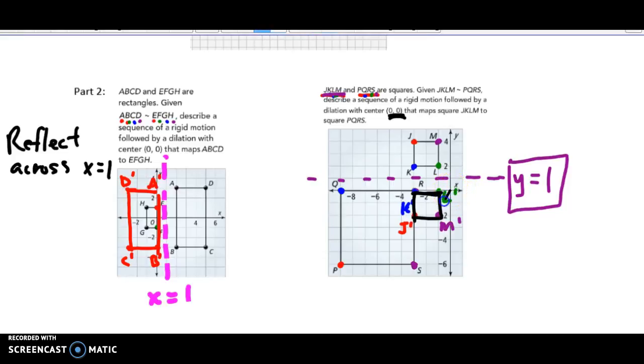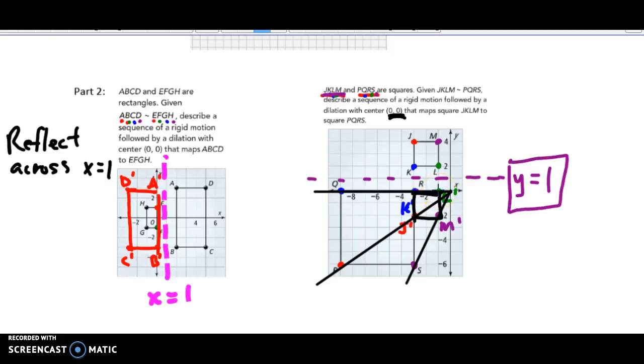So from the origin, I'm going to make a line down through point S. So when I dilate, it looks like this is already on the path where M prime will map to S. Okay, now let's draw from the origin a ray through point P here, and it looks like J prime will map to P. And as I draw my ray through here, K prime will map to Q, and L can stay where it is.